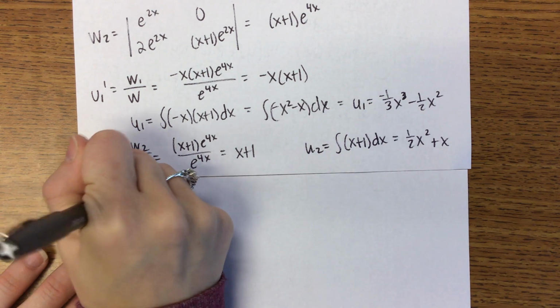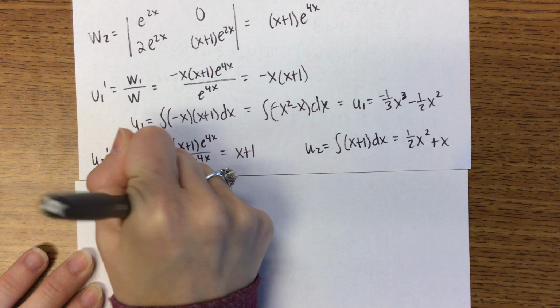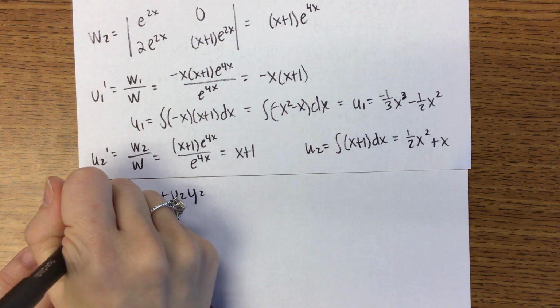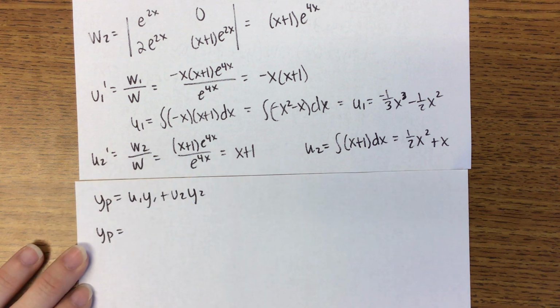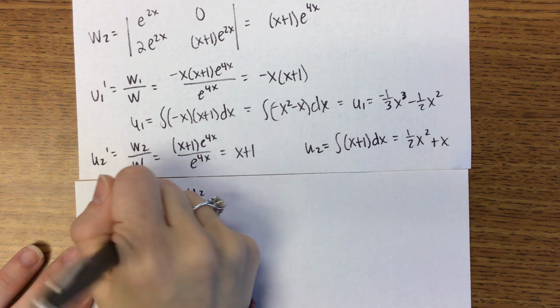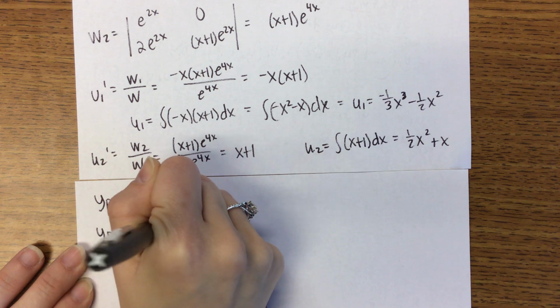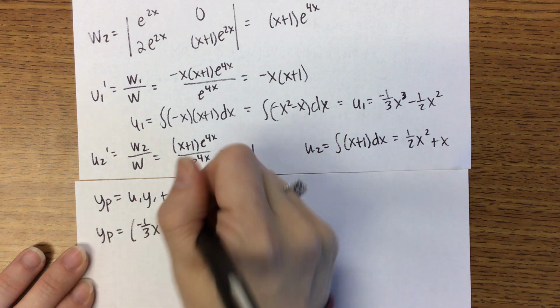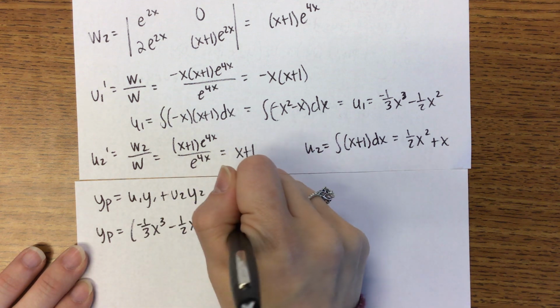Okay, our particular solution then is u1 y1 plus u2 y2. So that u1 is that negative 1/3 x cubed minus 1/2 x squared. Y1 was e to the 2x.